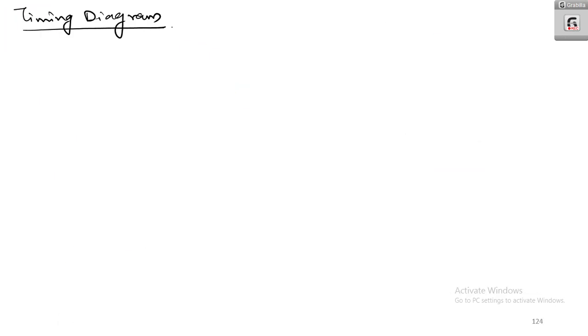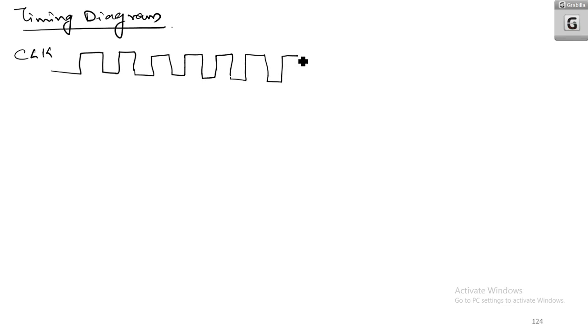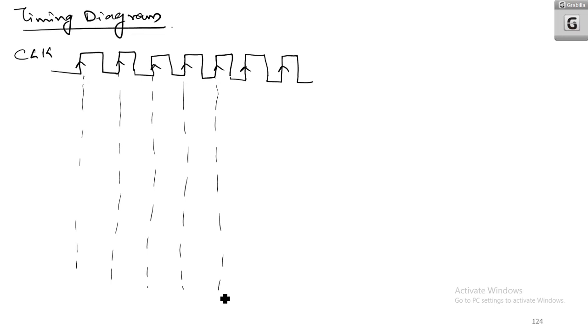So coming to the timing diagram, you can have the clock 1, 2, 3, 4, 5, 6, 7, and then go for positive edge triggering. Now coming to positive edge triggering, what do I get?